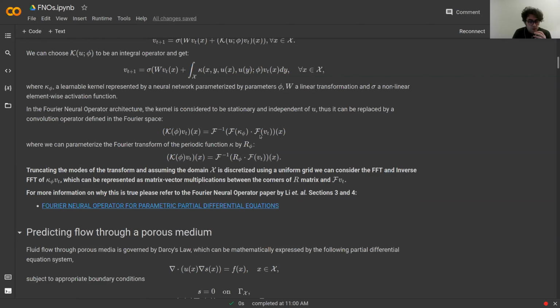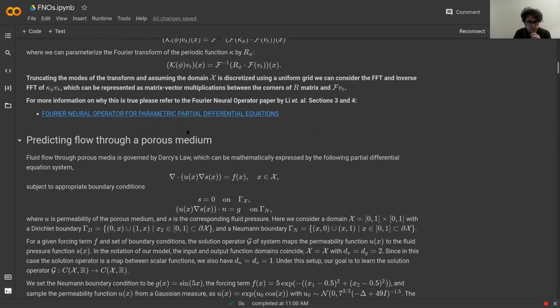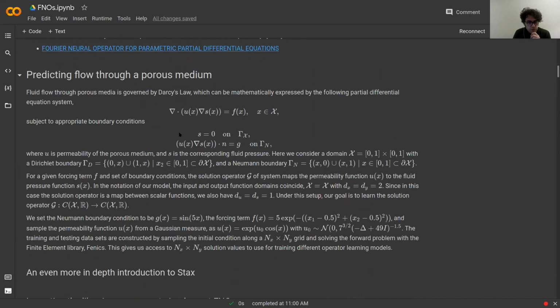If you go to the paper, sections 3 and 4, you will see that you can consider some properties of the fast Fourier transform, and then this reduces to matrix vector multiplications with the corners of R. This is a very cool trick. You can check that out in their paper. I highly recommend it.